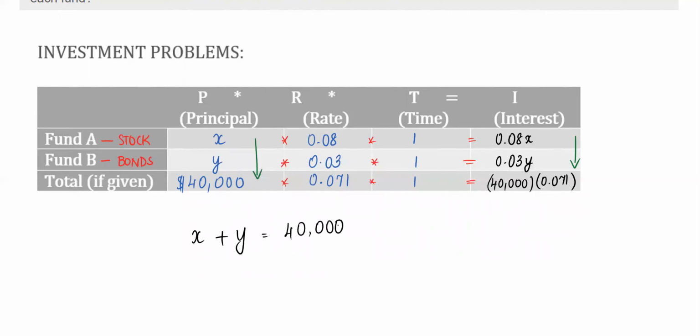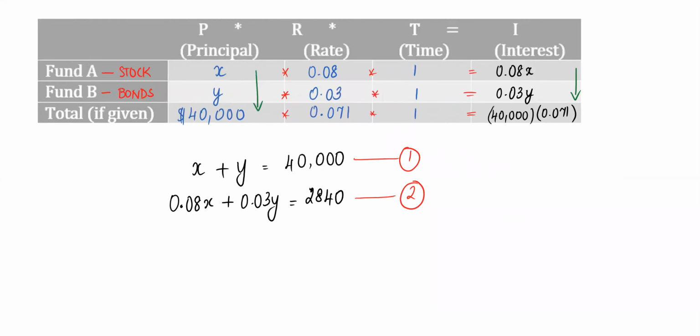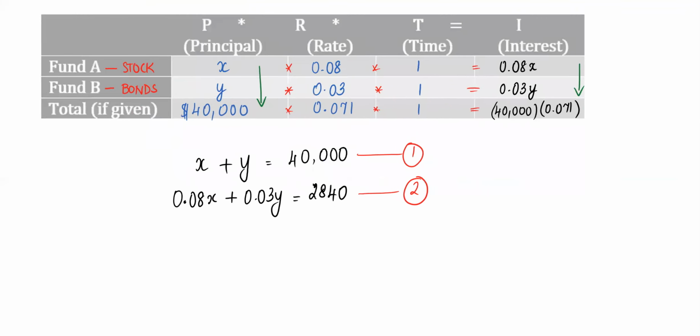Again, in your calculations, you don't have to put the dollar value. And this will be 0.08x plus 0.03y equals, multiply those two, that comes out to be 2840. As always, you could choose to clear the decimals or keep them as they are and go ahead with the problem.